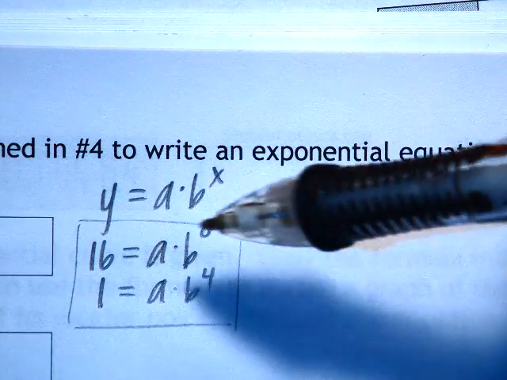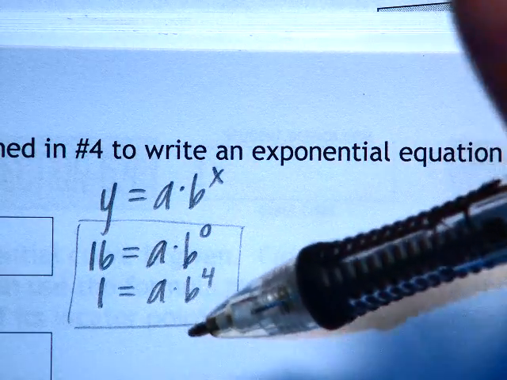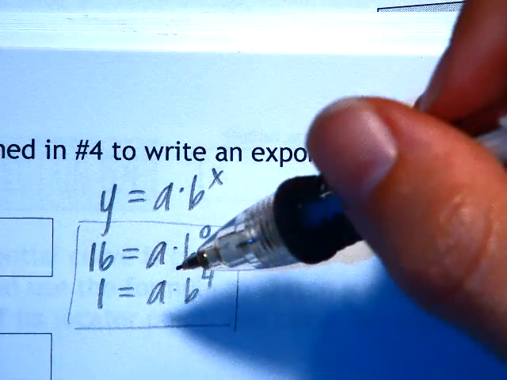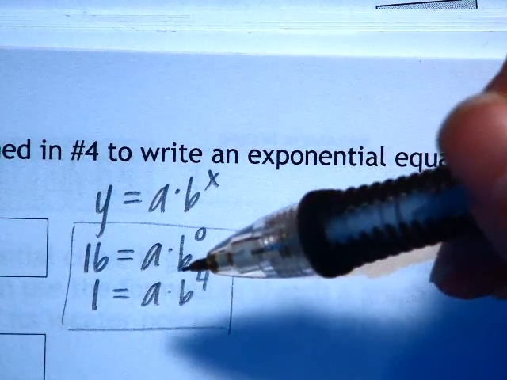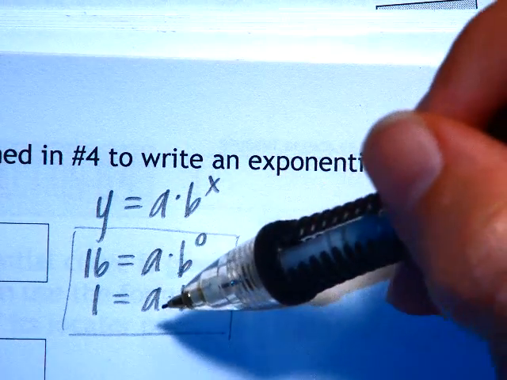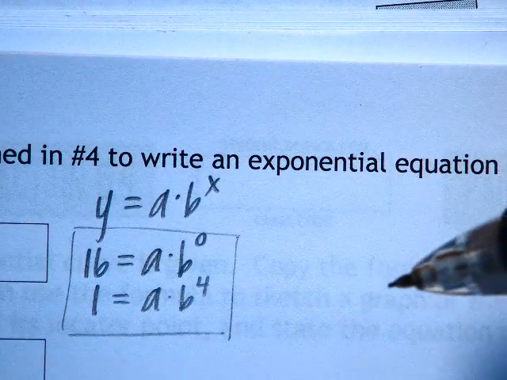So what I need to do is get one of these variables by itself to plug into the other function. I usually like to keep things simple, so I like to solve for a first, or at least get a by itself first, because I think that is the simpler looking variable, and I like to work with the simplest things I can when I'm solving a system like this.